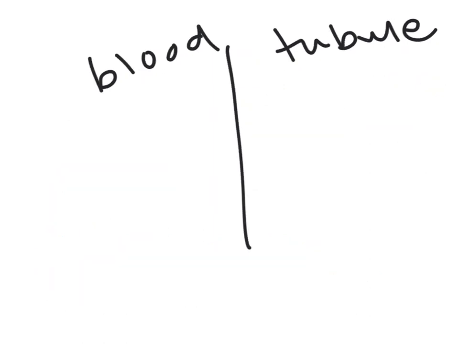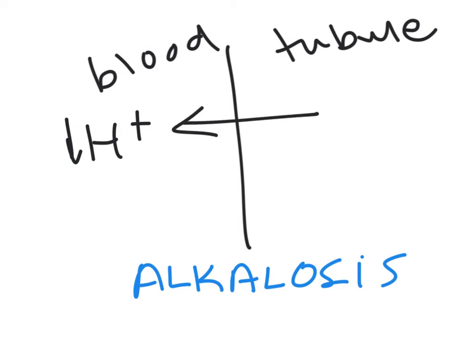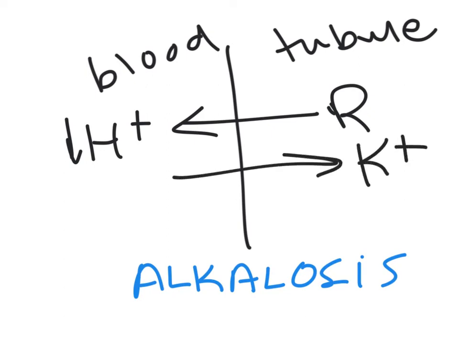Now let's take a look at what is happening, again, the relationship between hydrogen and potassium in alkalosis. So what has happened is the hydrogen ion concentrations have decreased in the blood, and as a result, in the tubule we would have been reabsorbing those hydrogen ions. And the interrelationship again, not going into the details, but as hydrogen ions are being reabsorbed, potassium ions are being secreted.